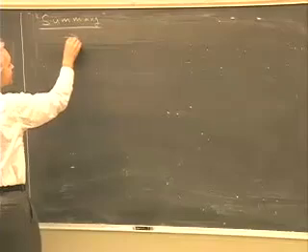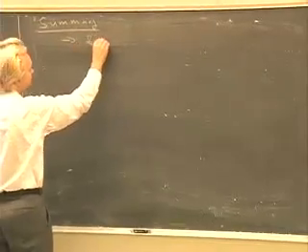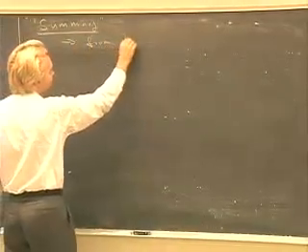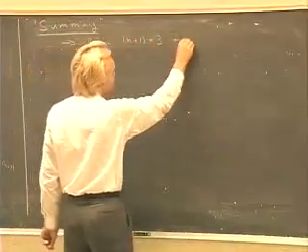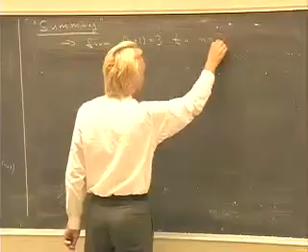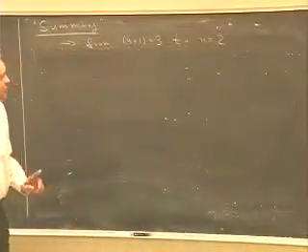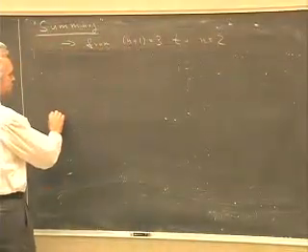And the case was from n plus 1 equals 3 to n equals 2. I started with one polygon.